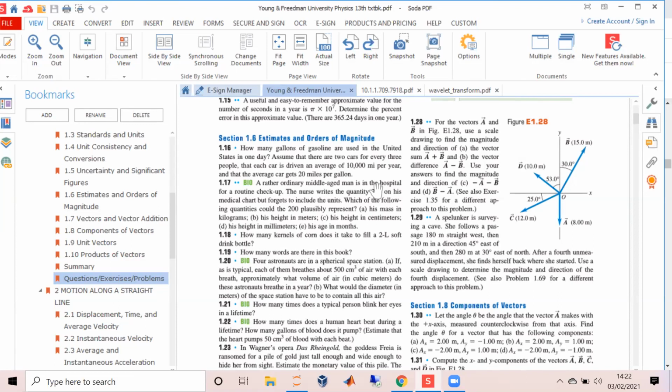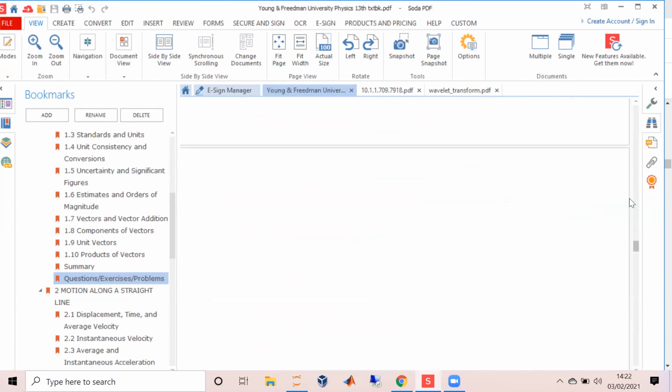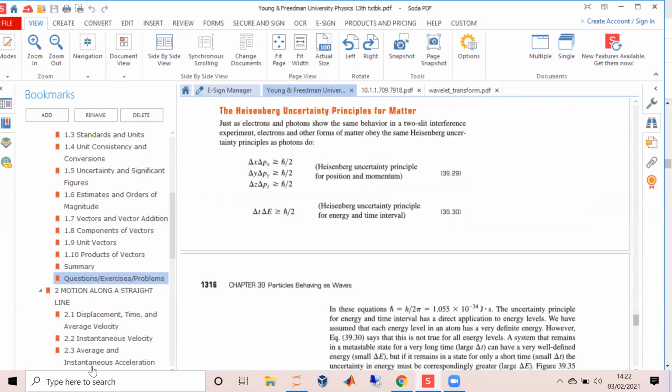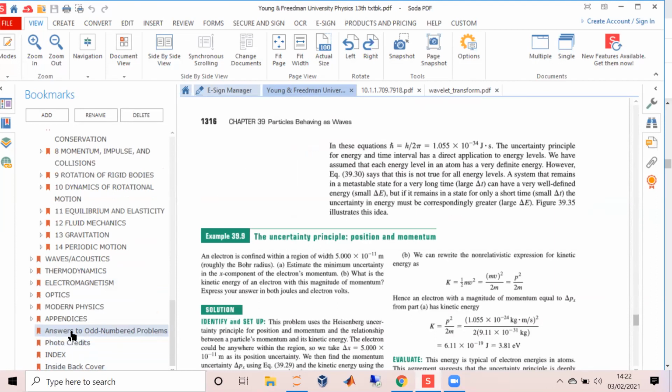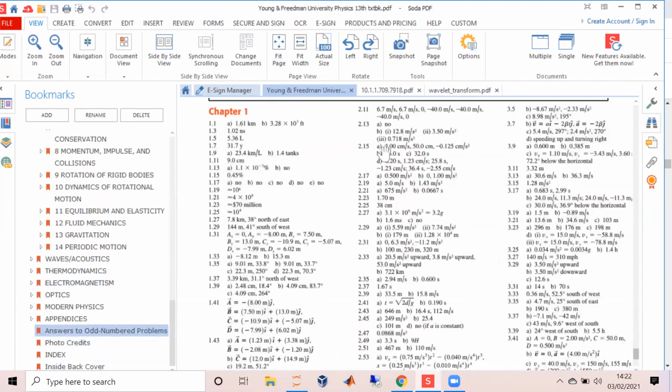Since we're working in physics, I don't know if the exercise solutions are in the book. It's likely that they are not. There are some answers, but we don't have every single answer.